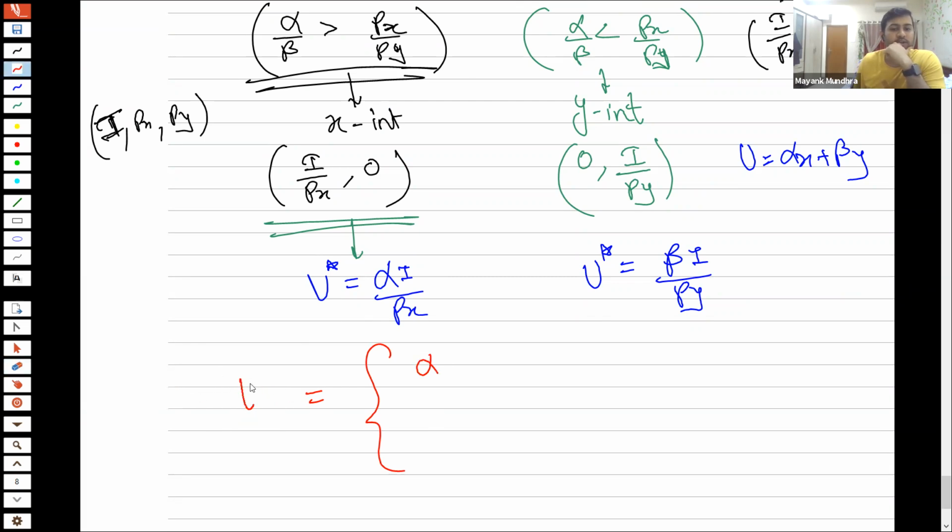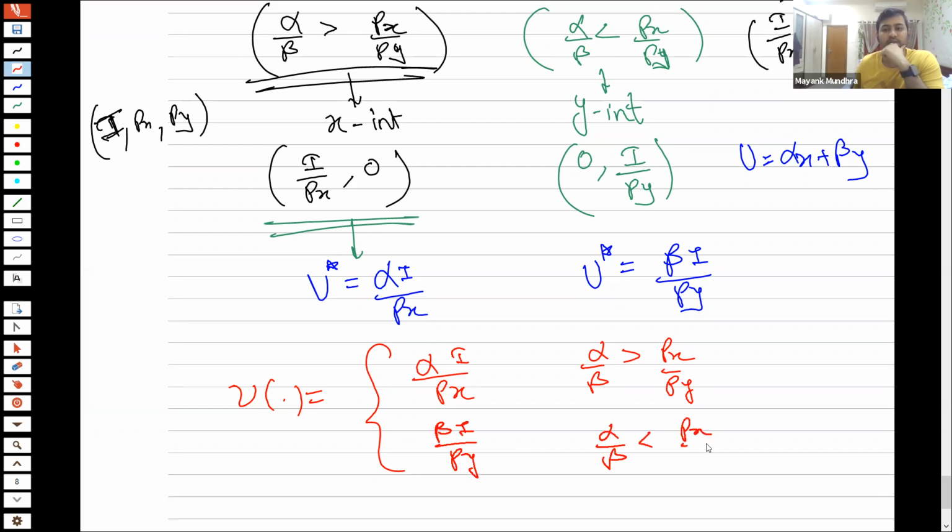Fine, I'm writing the indirect utility function. So v is alpha I by px if alpha by beta is greater than px by py, and it is equal to beta I by py if alpha by beta is less than px upon py.